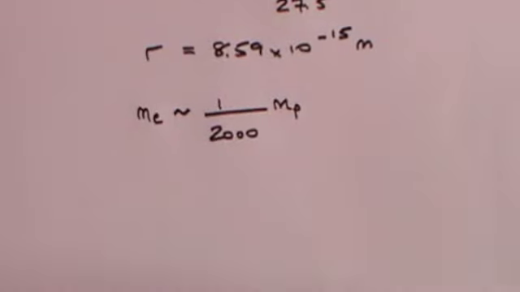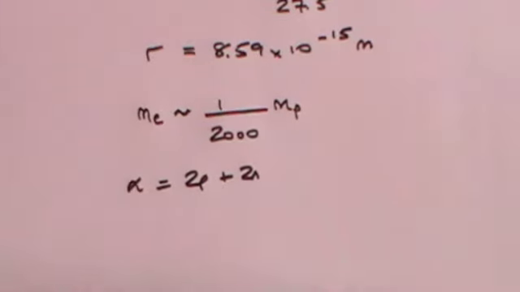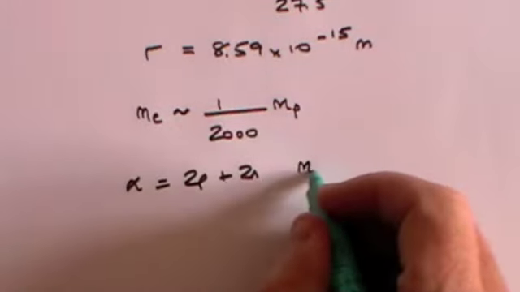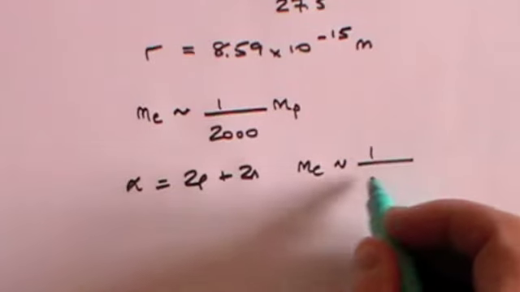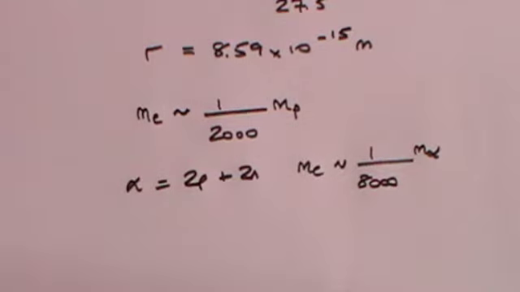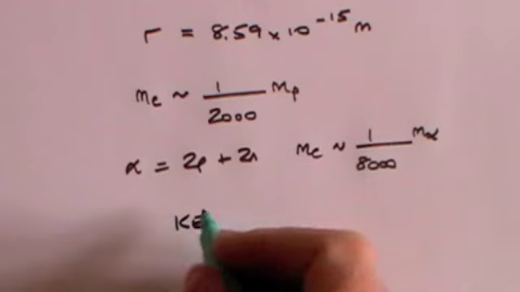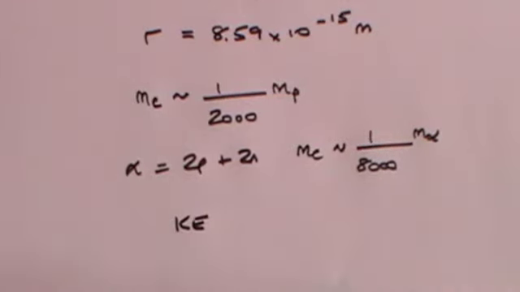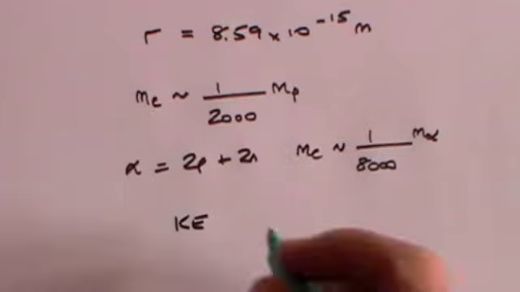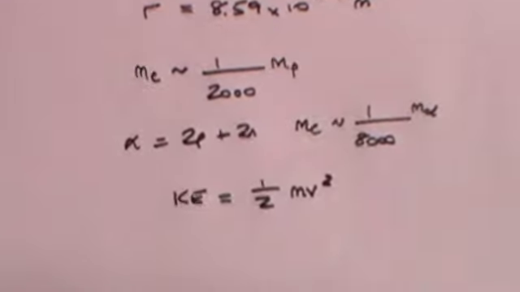And since an alpha particle consists of 2 protons plus 2 neutrons, and a neutron and a proton have broadly comparable masses, that means that the mass of an electron is very approximately 1/8000th of the mass of an alpha particle. So if you want the kinetic energy of the electron to be broadly comparable to the kinetic energy of the alpha particle, remember that kinetic energy is a half mv squared.